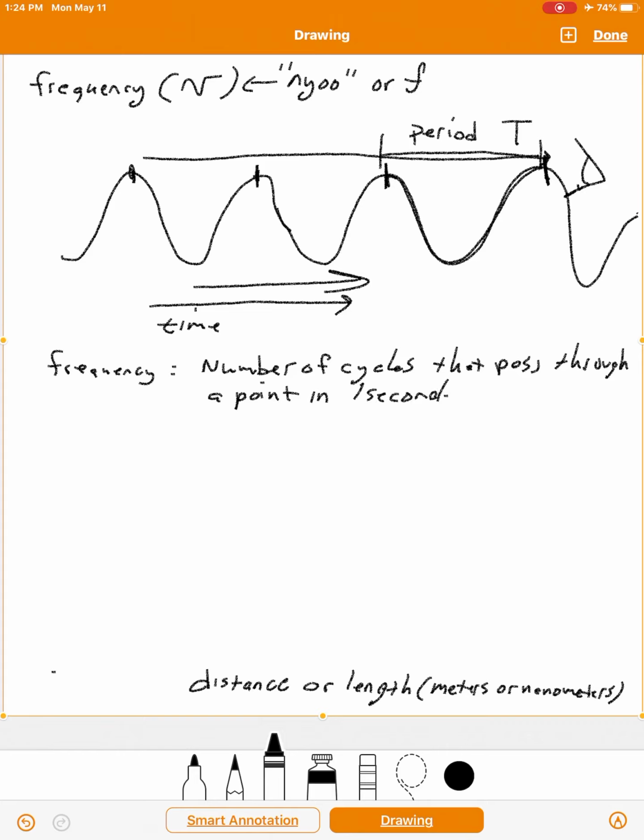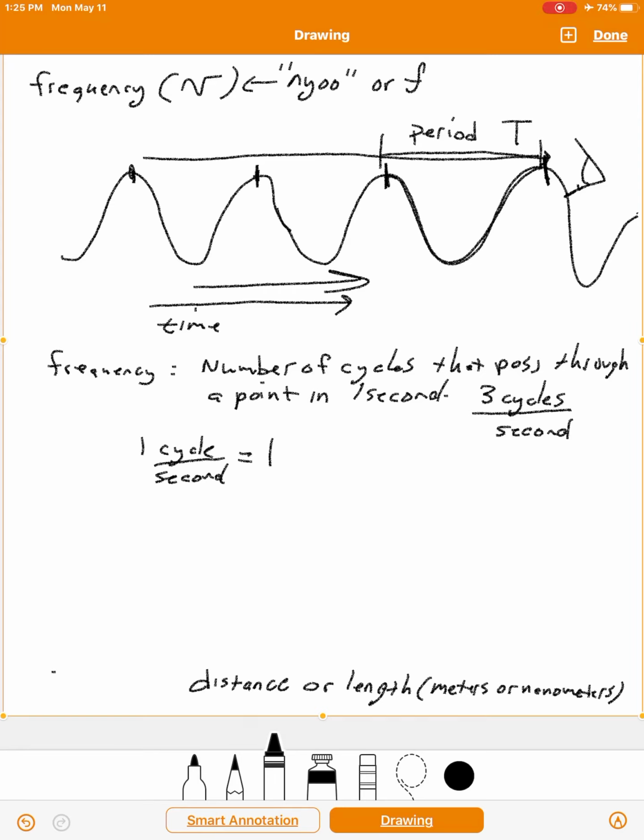If it was 3, we would say that it's 3 cycles per second. How many cycles per 1 second? 3 cycles per second.